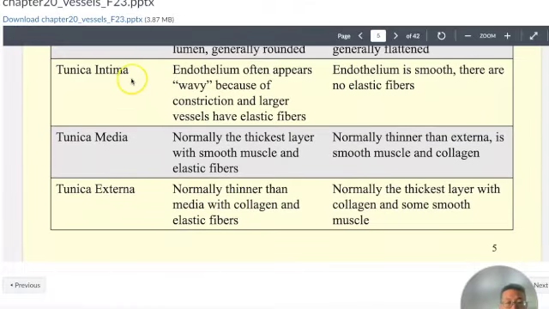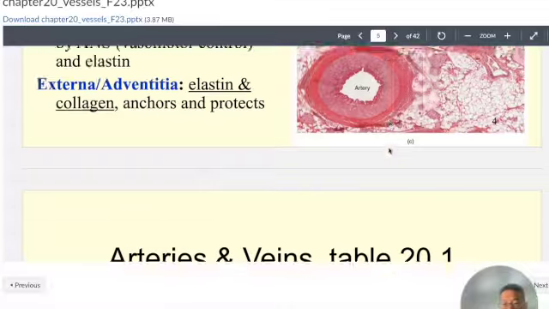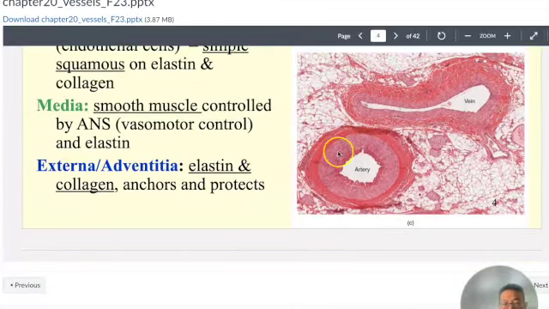The three layers: the intima, media, and externa. Okay, so normally the media is the thickest layer, okay, we're going to study why, and normally thinner than the externa is smooth muscle and collagen. Okay, so it is thinner here, much thinner here. Okay, as you can see comparing the two.